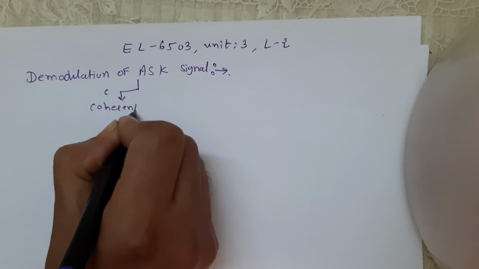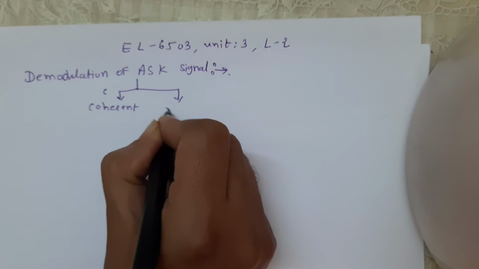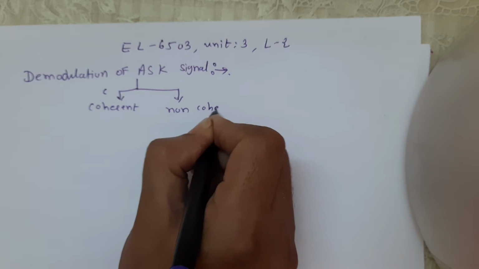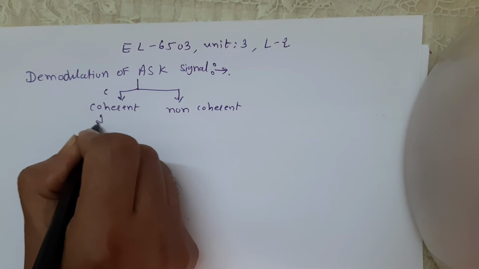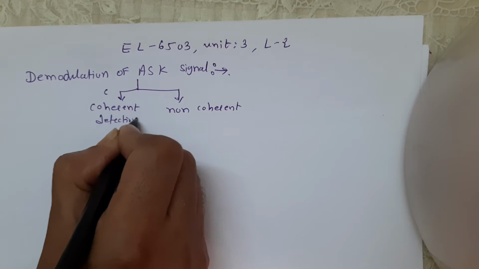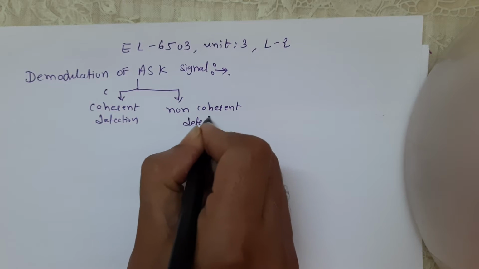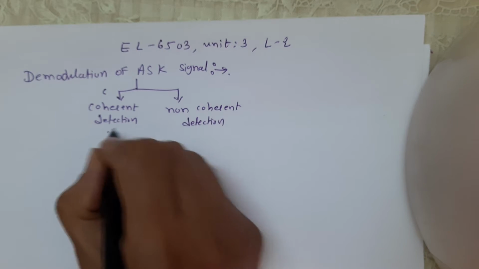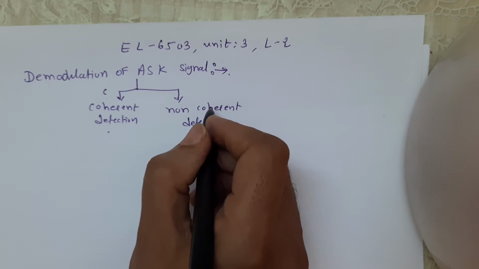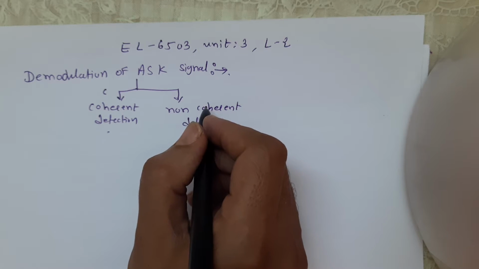Coherent detection and non-coherent detection. With the use of these two methods, we are getting the original signal back.